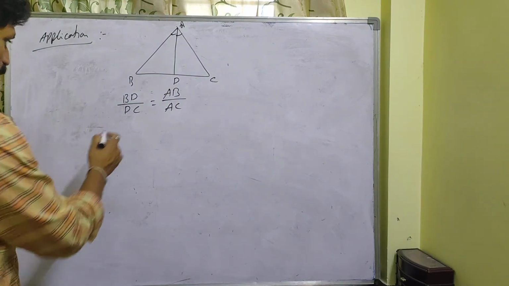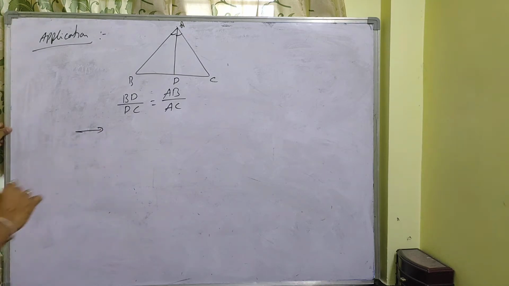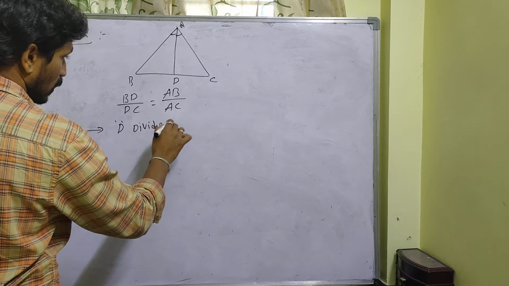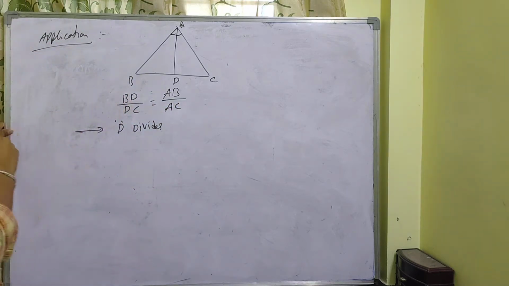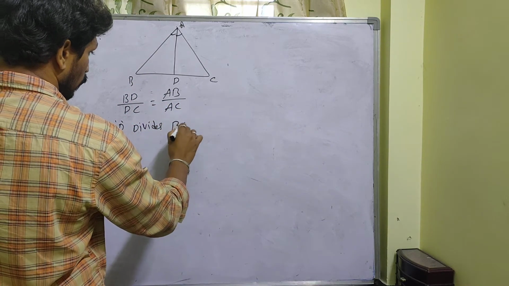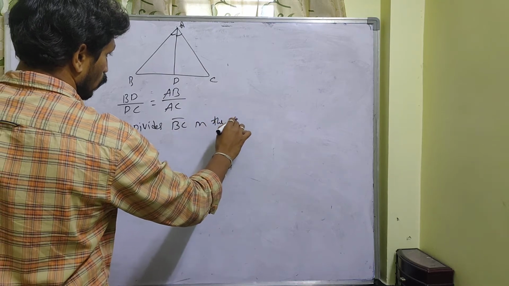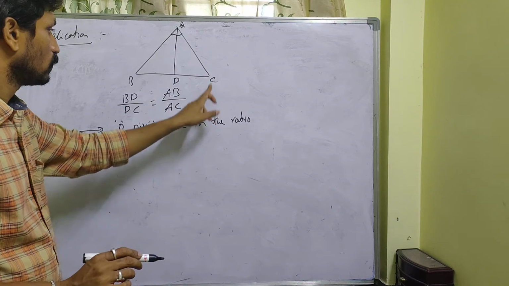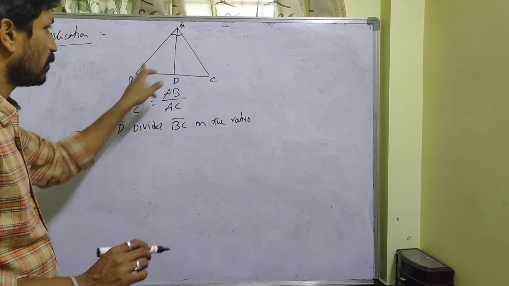See, this one you can write clearly. This one is in 10th class. D divides BC in the ratio BA is to CA, or AB is to AC.